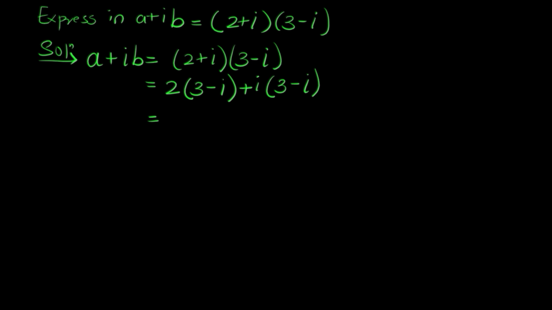2 multiply 3, 2 threes are 6, minus 2 into i, 2i, plus i times 3, 3i, then minus i into i, which is i square. But we know that i square is equal to minus 1.